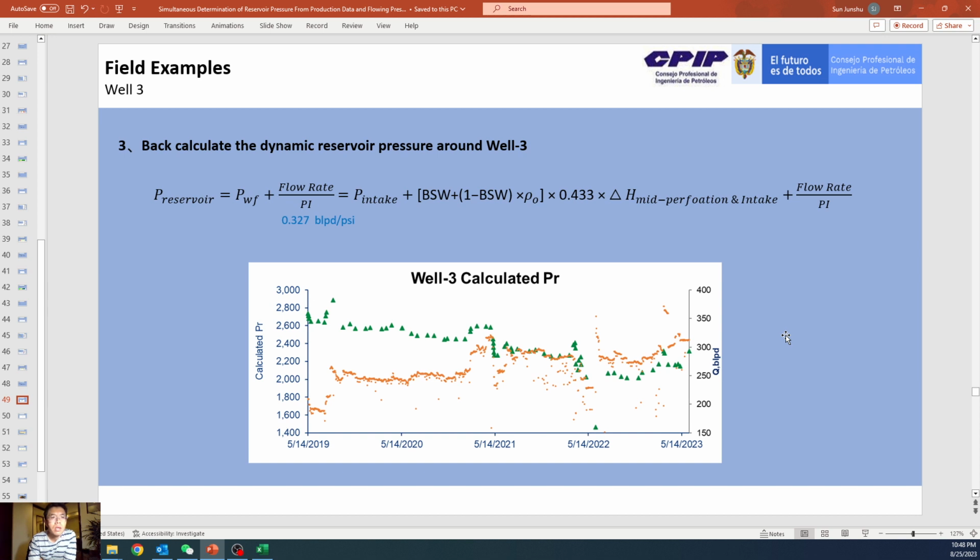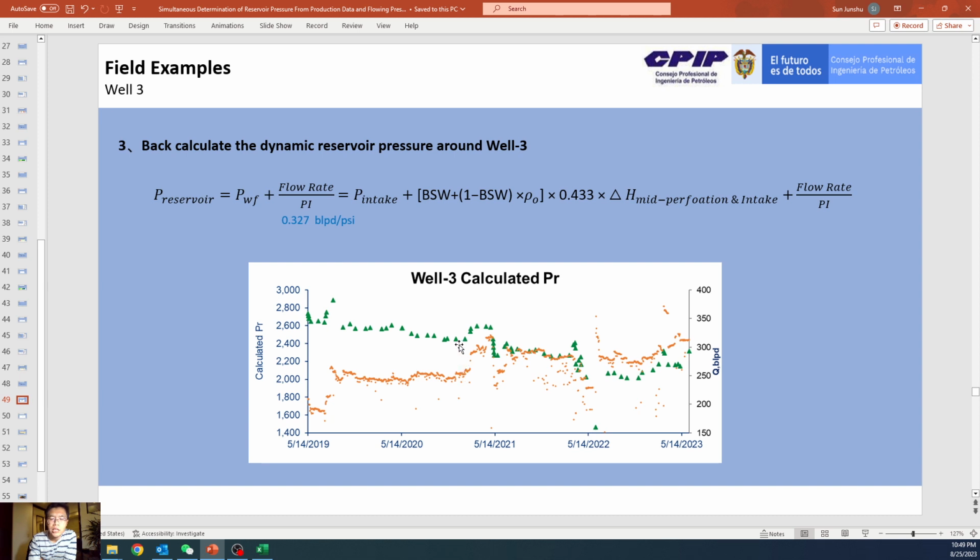Step 3. Back calculate the dynamic reservoir pressure around well 3 wellbore. Reservoir pressure equals flowing pressure plus flowing rate divided by the PI. Here we are using 0.327 barrels per day per psi as the representative PI.